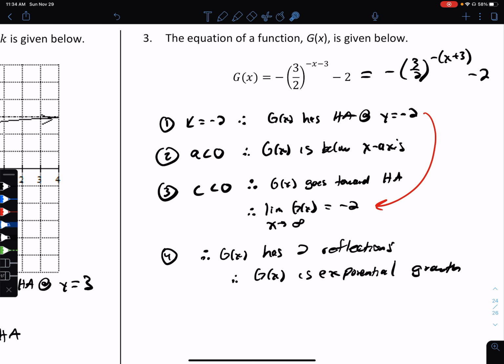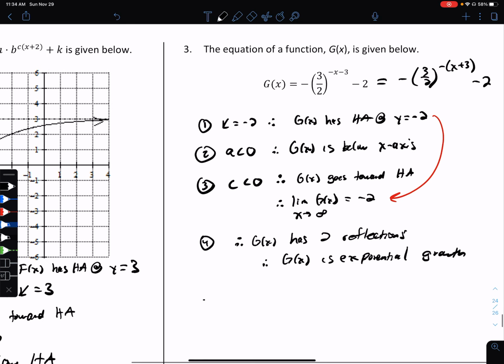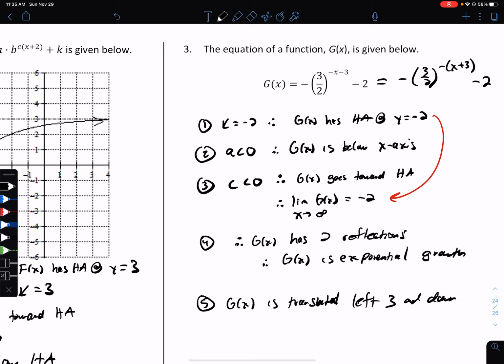We could certainly say that the graph is translated to the left 3 and down 2. That's from the parent graph as a reference.